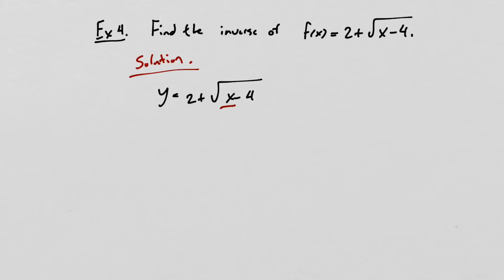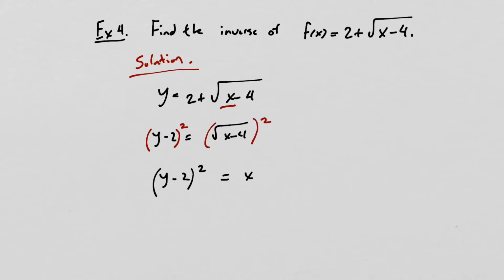So let's go ahead and subtract both sides by 2. Then square both sides, squaring the left-hand side and squaring the right-hand side. What this does is it removes the square root from the right-hand side. Then finally add 4 to both sides, and we get that this is equal to x.